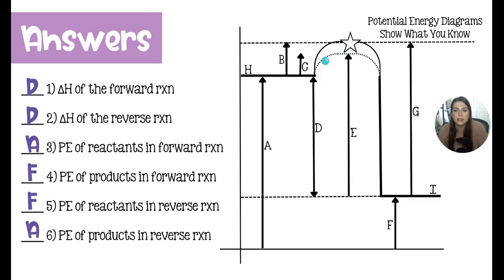So you can tell that the star or the apex, the activated complex, would not be at this dashed line across the top, but instead this dotted line right here at the top of this arrow labeled E. This is going to require less activation energy to get to that activated complex in the case of adding a catalyst. So that is all I have for you for today on potential energy diagrams.